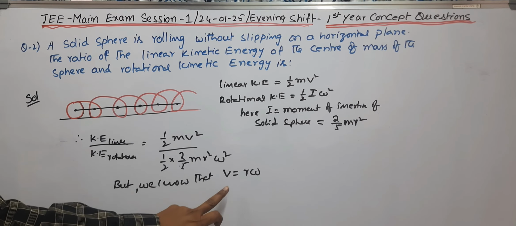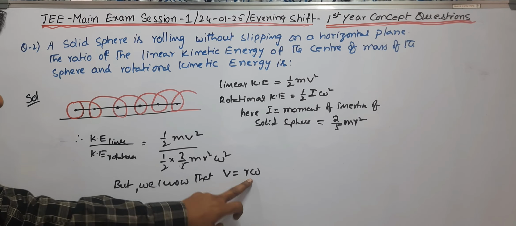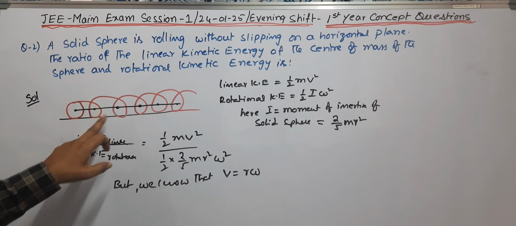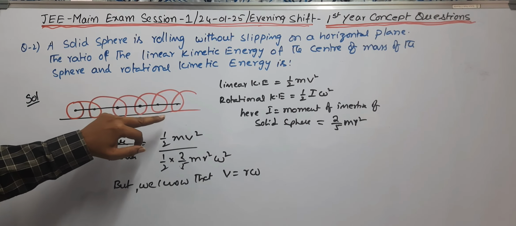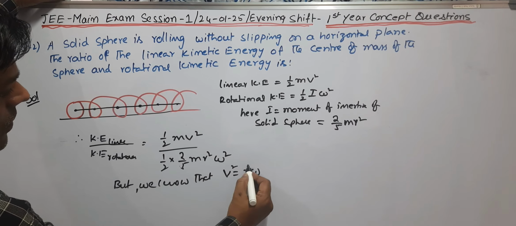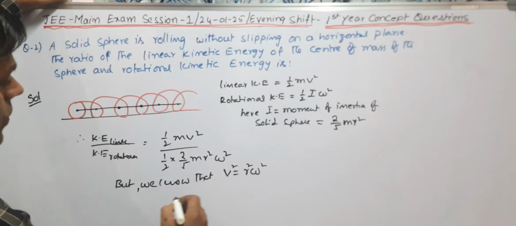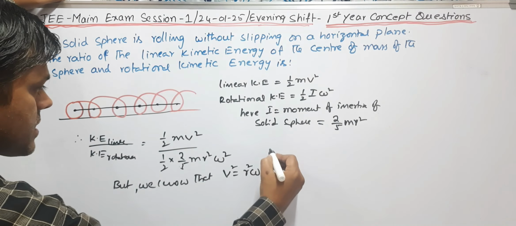This is the relation between linear velocity and angular velocity, because here the body simultaneously rolls along with linear motion. So v square is equal to r square omega square, and it may be written like this.